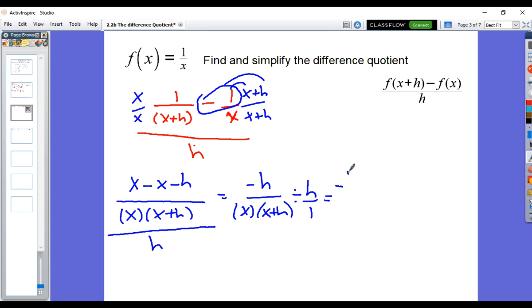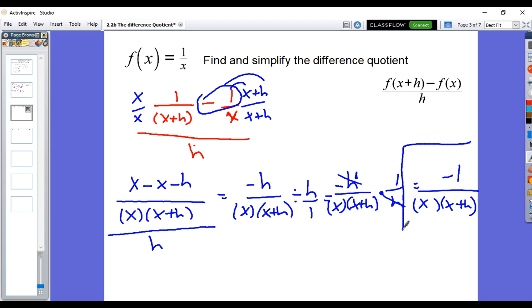So we're going to get negative h over x plus h times its reciprocal, 1 over h. Well, when that happened, that caused the h's to cancel each other out. So we are left with negative 1 times 1, which gives us a negative 1. And the bottom, this all becomes 1, so the denominator stays how it's been. And that's our final answer here.